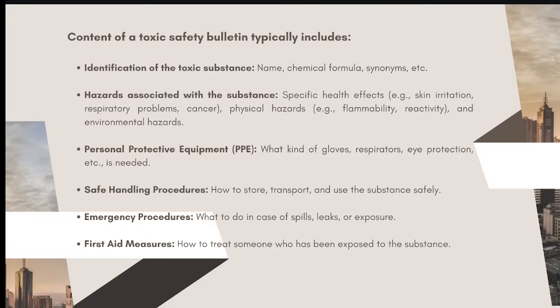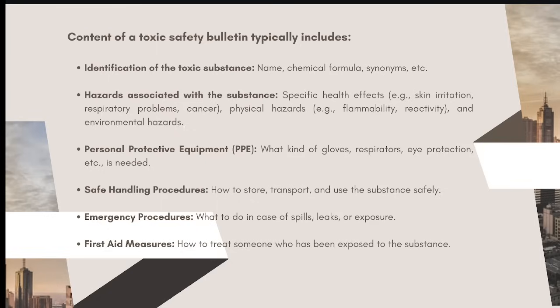Then the PPE. So what kind of gloves, respiratory, or eye protection, what equipment do you need? Safe handling procedures: how to store this kind of toxic substance, and how to transport and use the substance safely.